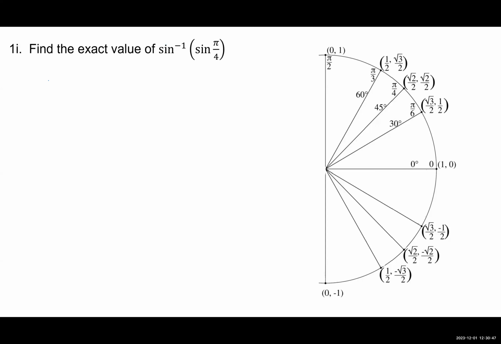So let me rewrite what we had on that previous slide. Sine inverse of sine of pi over 4 is equal to the sine inverse of root 2 over 2.